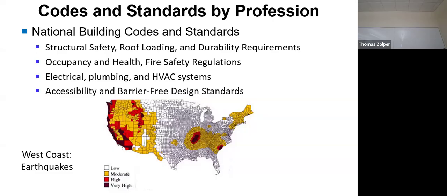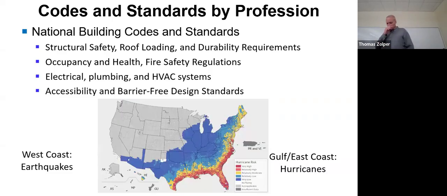So we know the West Coast is an earthquake-prone region. A lot of their particularly tall buildings have very stringent earthquake building codes. Meanwhile, on the East Coast, we know the Gulf and Atlantic coast is susceptible to hurricanes periodically. And so they've got a whole different focus on building codes that are required for inspection and approval in that area.